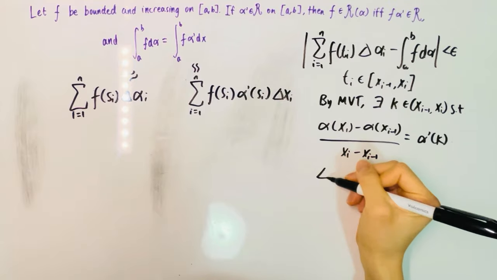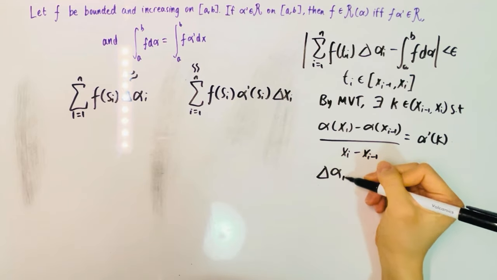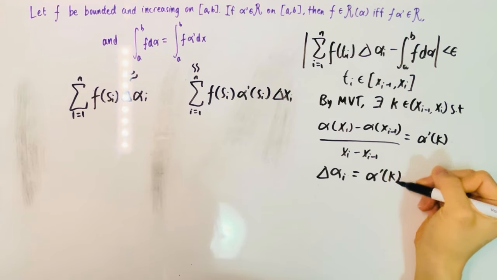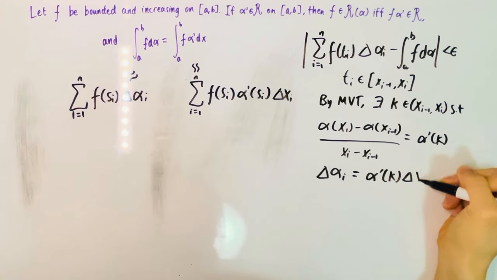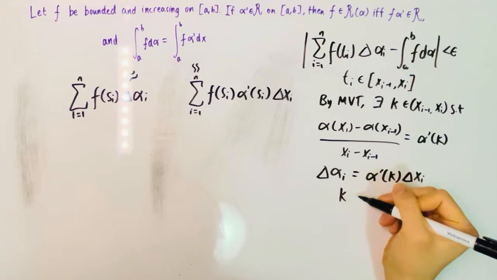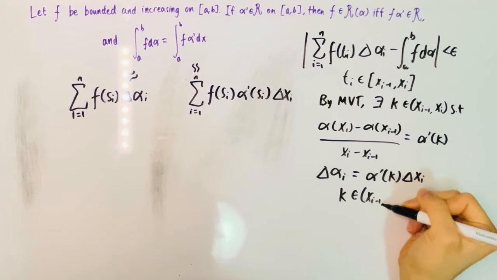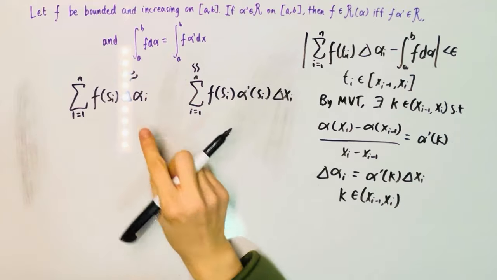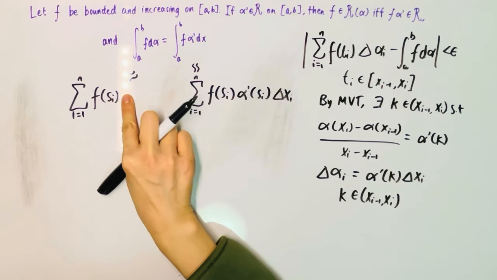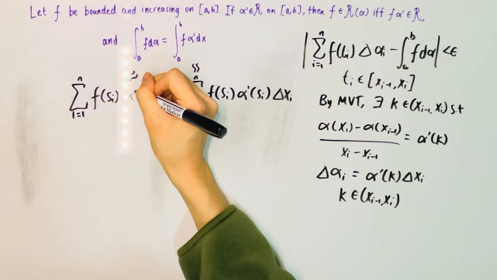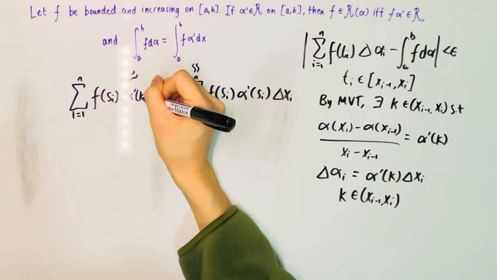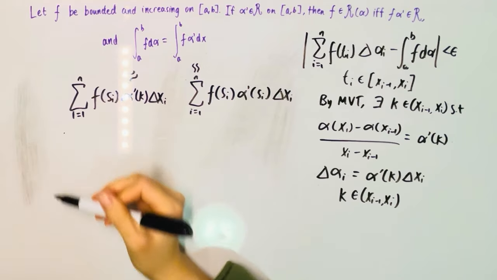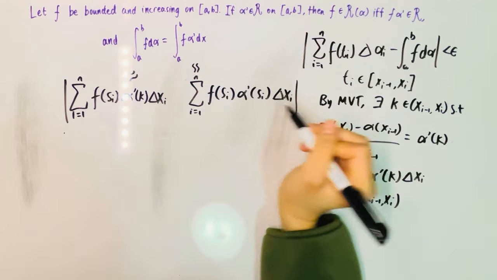And notice that this just gives us that delta alpha i is equal to alpha prime k times delta xi for some k in xi minus 1, xi. That makes things a lot easier. So this means this is essentially just going to be equal to alpha prime of k.